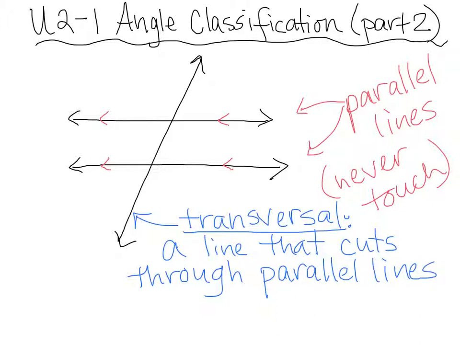Okay, so I'll be using that term transversal for the rest of this video, as well as referring to the parallel lines. The rest of this video is referring to the names for different pairs of angles that you're going to see. Notice in this picture we have 8 different angles, right?